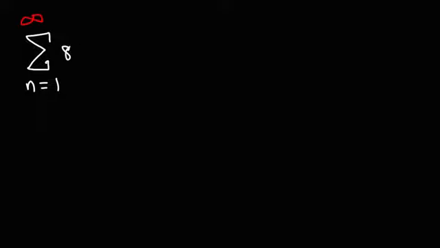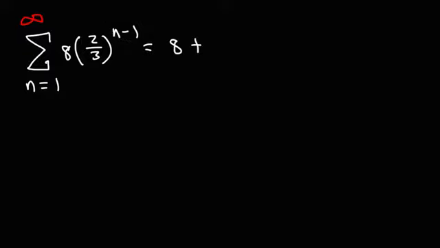And let's say the formula is 8 times 2/3 raised to the n minus 1. Now let's just plug in a few numbers just to have a sequence. When n is 1, the exponent is 0. 2/3 raised to the 0 power is 1 times the 8 in front of it.